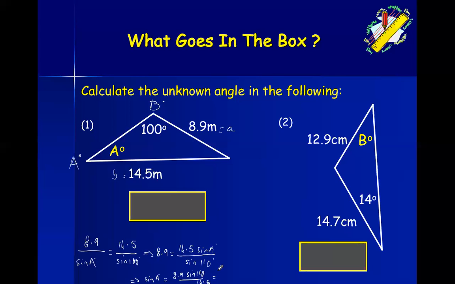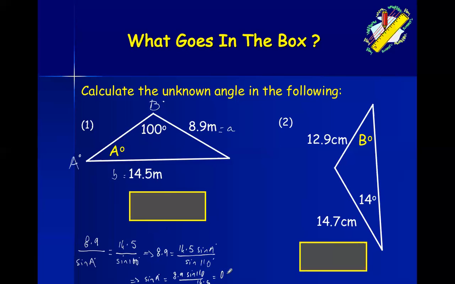I'm running out of space there. So 8.9 sine 110 divided by 14.5.